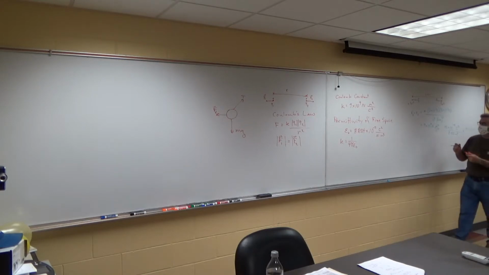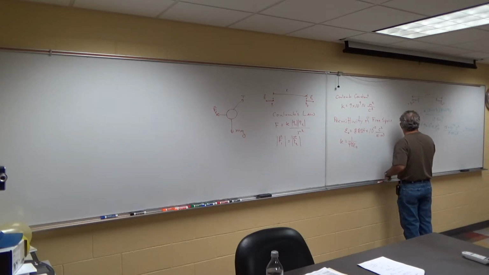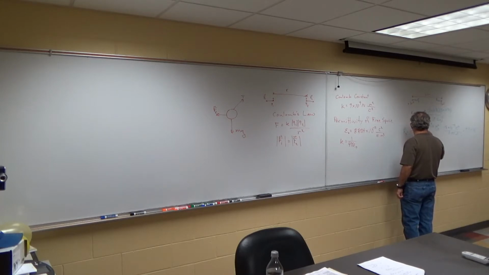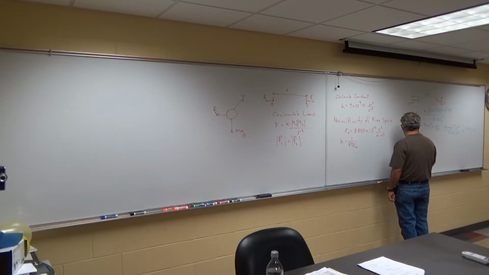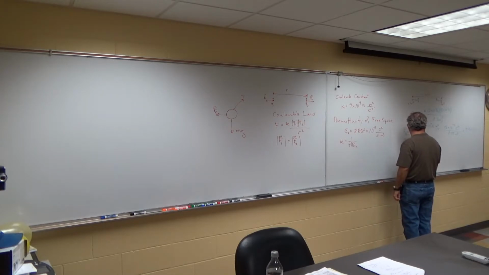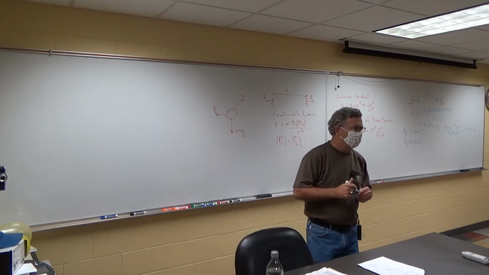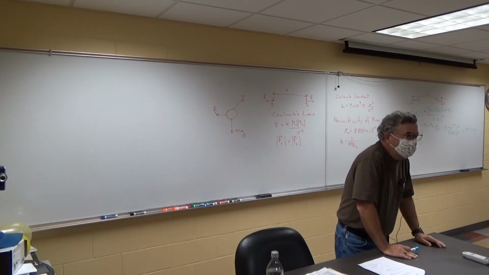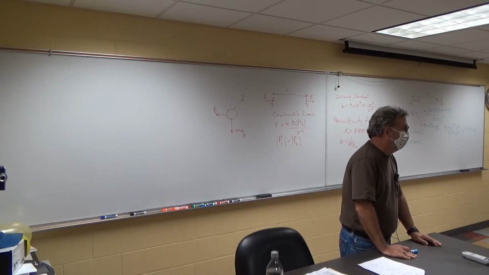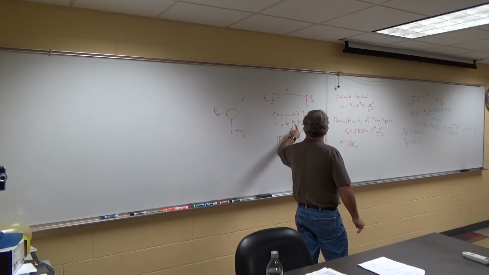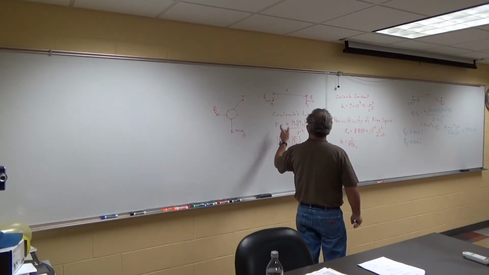If I asked you what is F3, F3 is equal to 0.54 newtons I hat. F5 is equal to 0.54 newtons with a negative I hat. There are all kinds of fancy ways to do bookkeeping where you put the negatives in here and the negatives cancel and you get a positive.